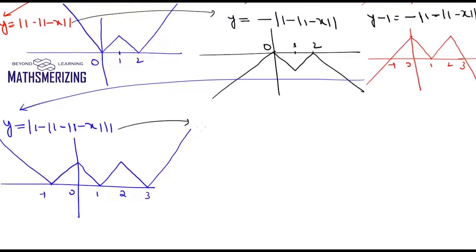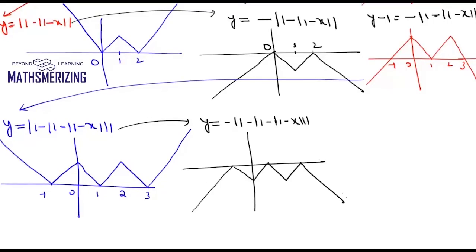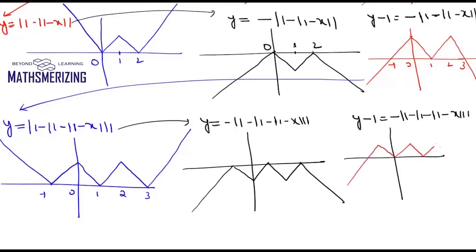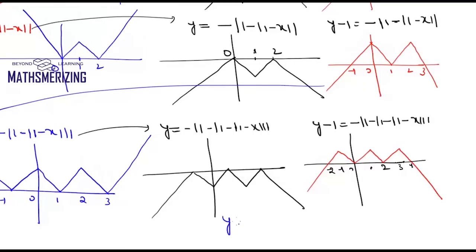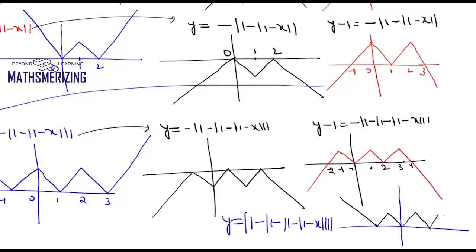Now we'll just need to do that one more time. And then finally, transformation of another mod of x. So this is minus 2, minus 1, 0, 1, 2, 3 and 4.